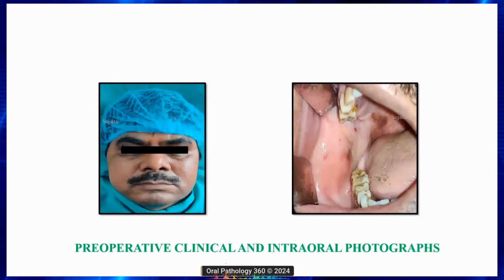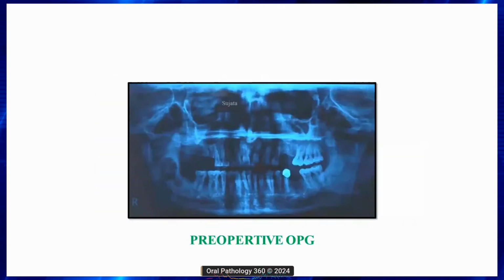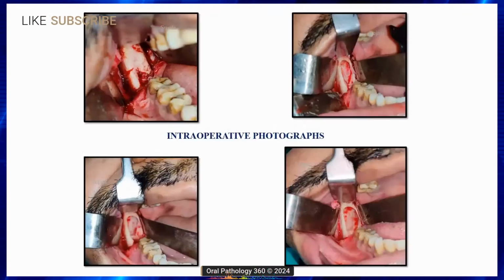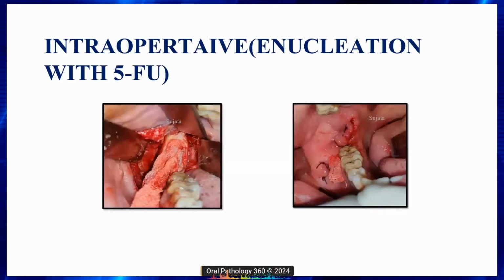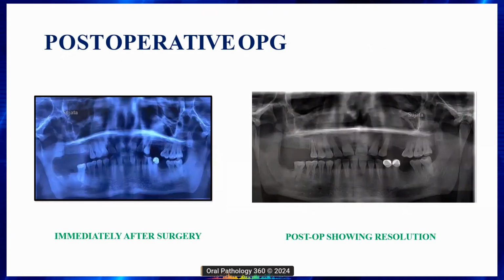This was another case with not much clinical presentation, but on radiograph you can appreciate the presence of a unilocular radiolucency on the right side of the ramus of the mandible. This patient was treated with enucleation, peripheral ostectomy, and application of 5-fluorouracil in a gauze pack, which was sutured in place for 24 hours and removed after 24 hours, and primary closure was done.